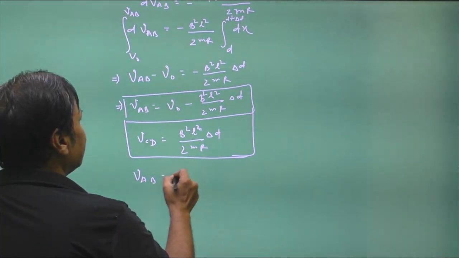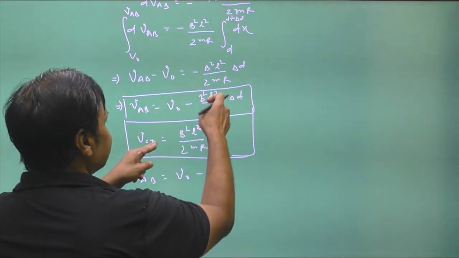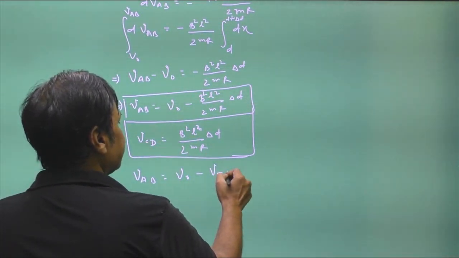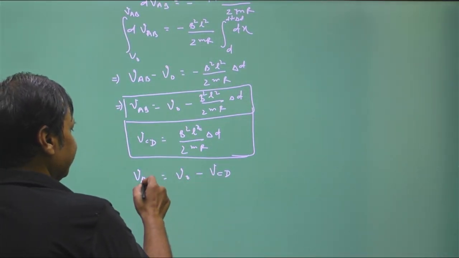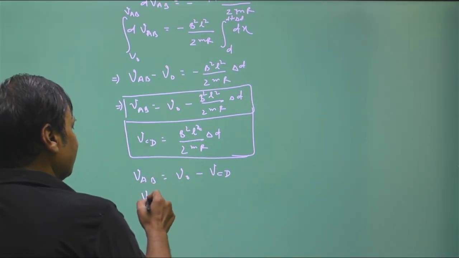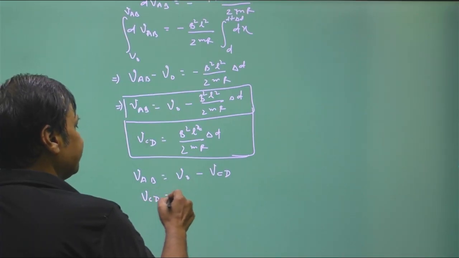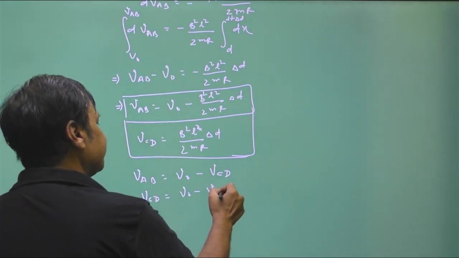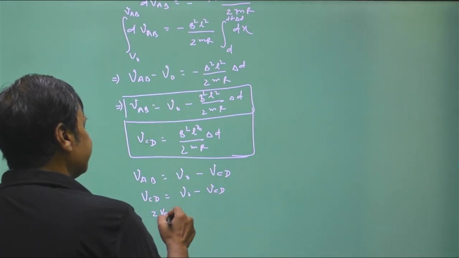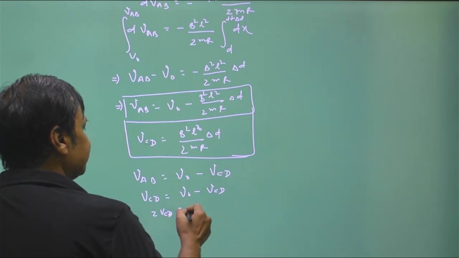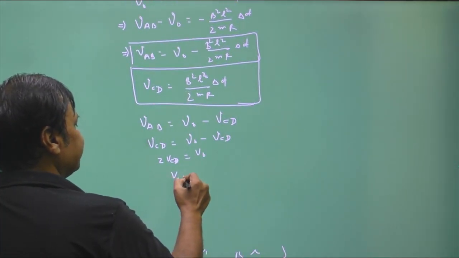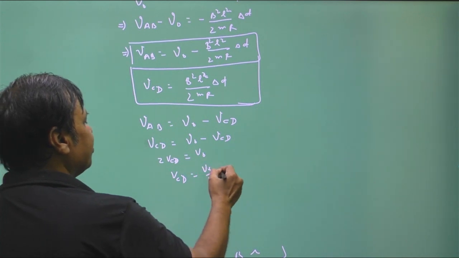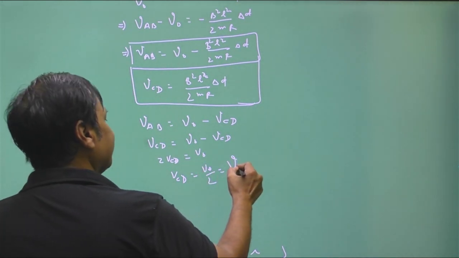VAB equals V naught minus this whole thing, which is VCD. And when VAB is equal to VCD, we can always write VAB equals VCD. So VCD equals V naught minus VCD. So 2VCD equals V naught. That means VCD is going to be V naught by 2, and that will be the value of VAB.